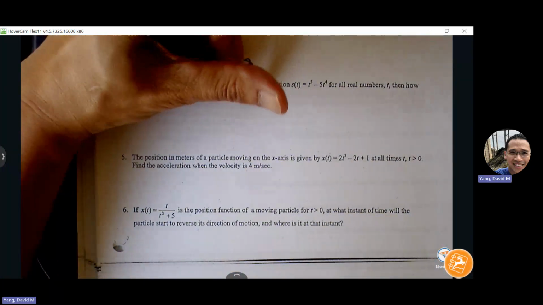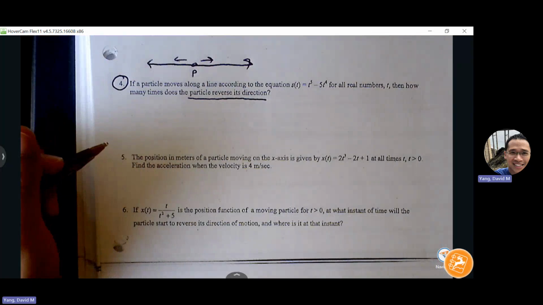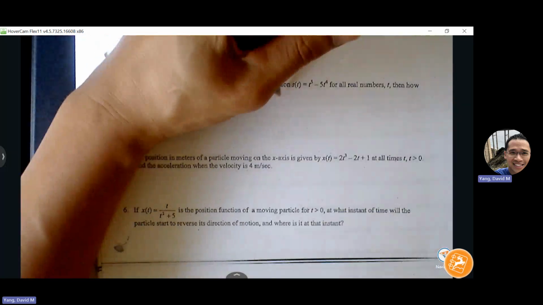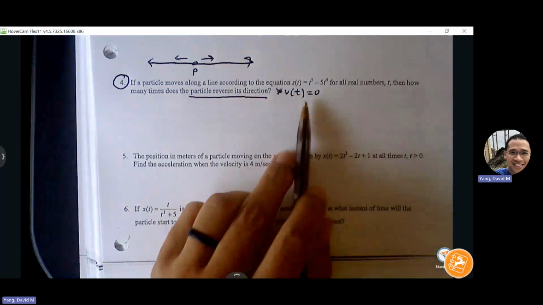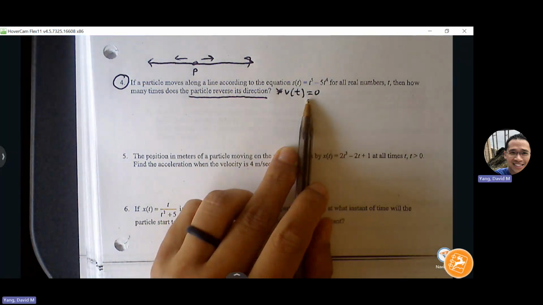So in order for us to determine whether a particle reverses direction, if you think about a particle moving left and right, what happens for a moment before it reverses direction? It's got to stop. So that's the key thing here. If we can figure out where the object has a moment of rest, we know that's a potential place where this object could change direction.